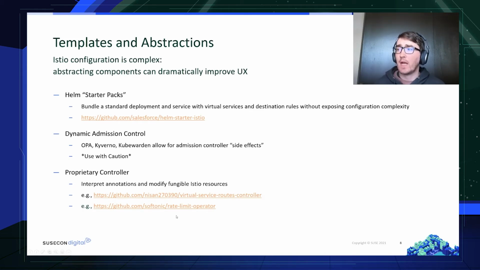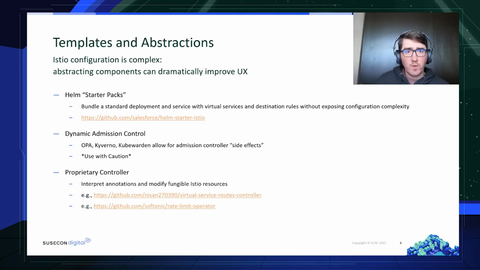And the rate limit operator is going to give you another CRD that kind of extracts that from the built-in Istio components and gives you a more universal approach to how you would configure that. And this is a good example of changing the dimensionality of Istio into something that fits your organization slightly better.